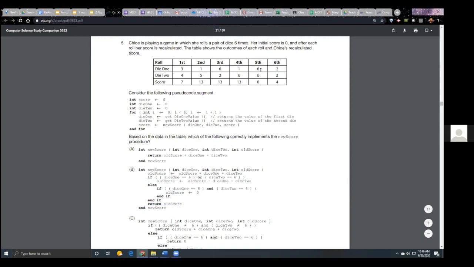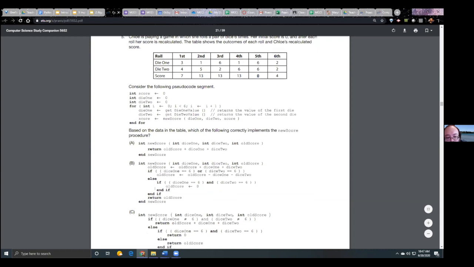So it should stay 13. It should have stayed 13 there. It didn't. So B is incorrect, because if die 1 is 6 or die 2 is 6, and they're both 6, then it would have added 12 and subtracted 12, and it should have stayed 13. So we know B is wrong, okay?